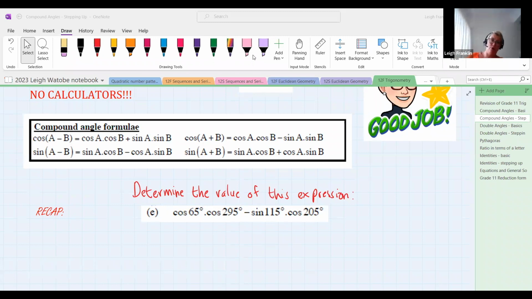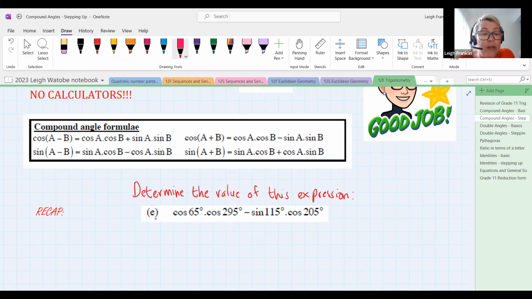Reduce. There we go. We want to think about reduction and we want to think about our cofunctions. Never, ever forget about cofunctions or your special angles. They are very important in matric.